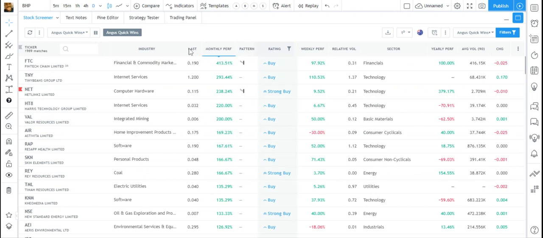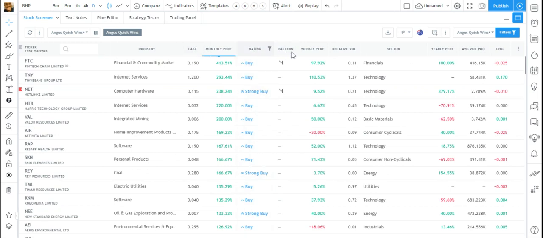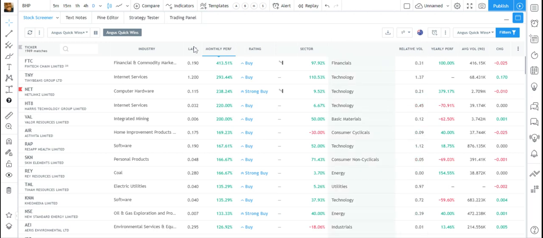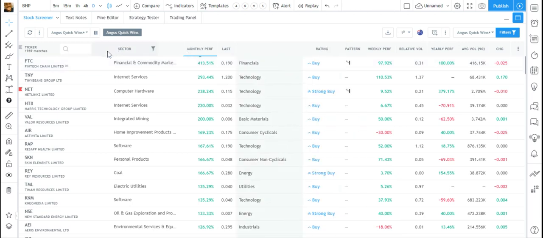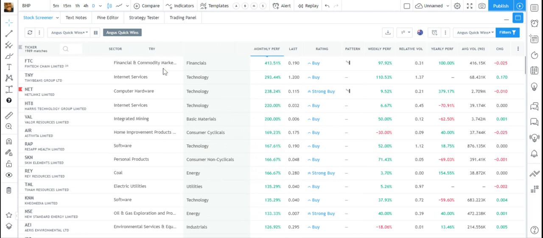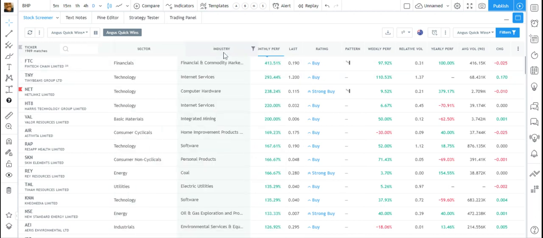I might put the rating up here. Relative volume, I'm going to move the sector right up here. Did I move the sector? Sector. Sometimes they take a little bit of convincing to drag around. So I've got the sector, I've got the industry.